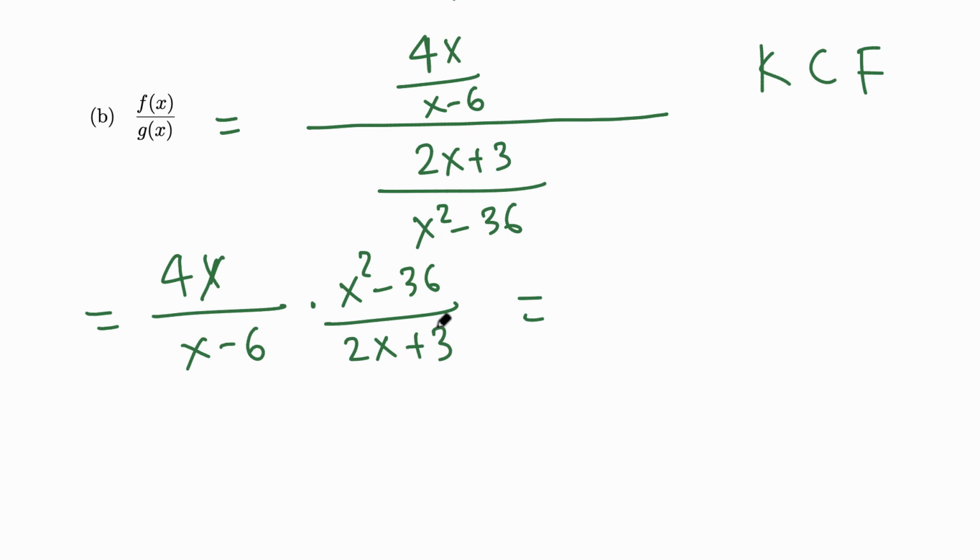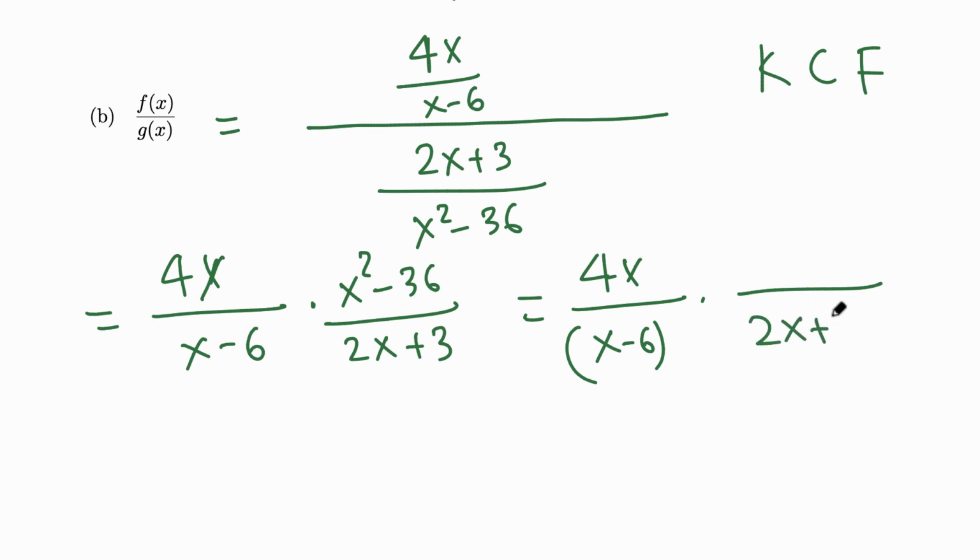Other than that, 4x is a block, 2x plus 3 is a block, so there are no other cancellations. Do not try to cancel 2 and 4. Now we can cancel x minus 6, and what is left is the answer.